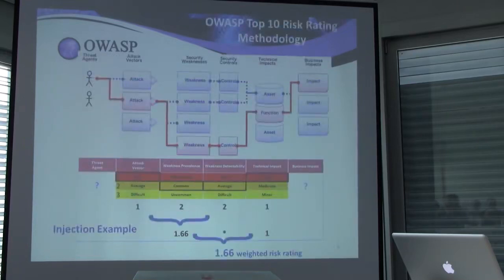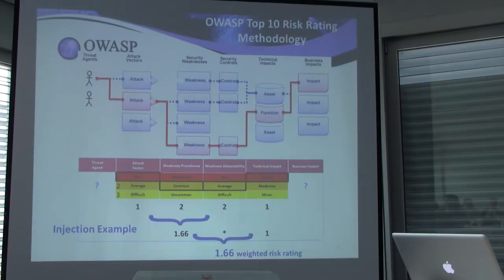So this is the rating methodology. I don't want to spend a lot of time on this, but we have 3 likelihood factors and 1 impact factor, basically. So we look at what's the likelihood that your app will even have this flaw, what's the likelihood that an attacker could find it, and what's the likelihood that an attacker could successfully exploit it. Those are the likelihood factors, and that calculates a weight. And then we have what's the impact if they are successful.